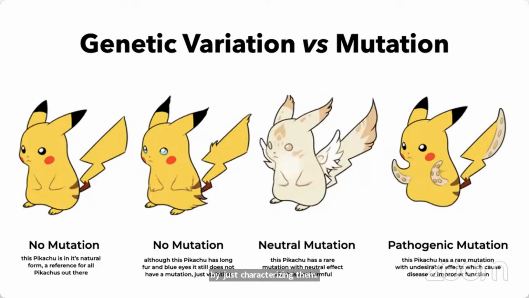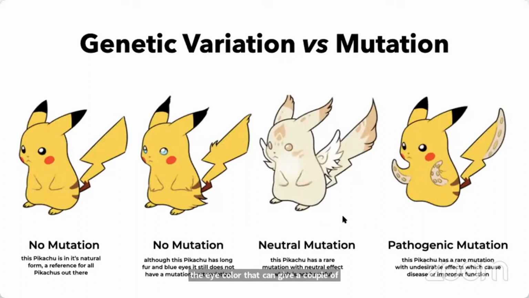So for example, in this example, we have a wild type form, which in its natural form, without any mutation, has this specific morphology. And there could be some variations in their gene sequences that can change, for example, the eye color, that can give a couple of more modifications to the morphology.